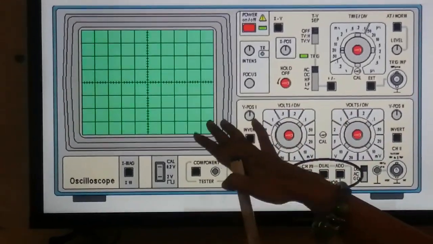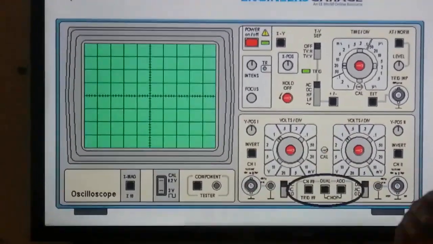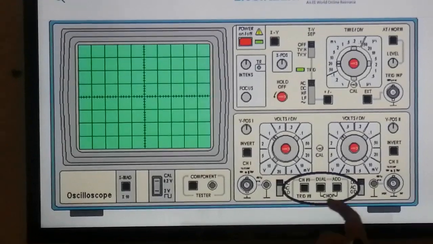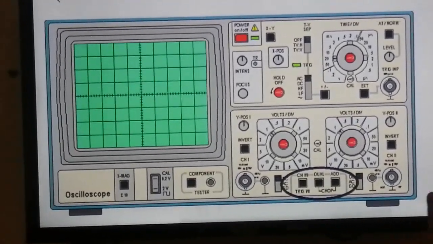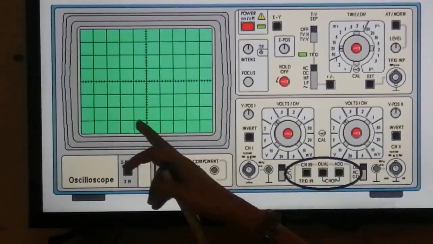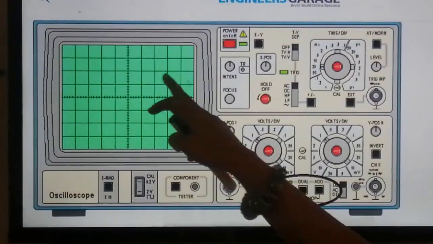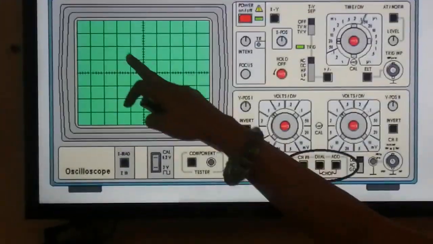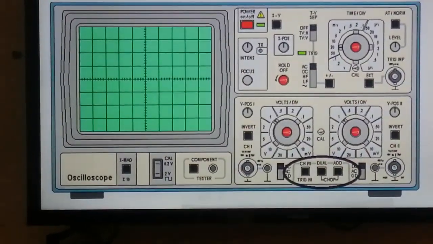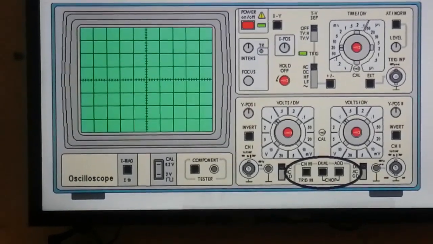So the CRO is displaying what we want to see on a screen. If you are sending a DC signal, we shall be seeing a DC wave, that is a straight line. If we want to visualize an AC signal, we shall be seeing an AC wave. So this is clear, I think.